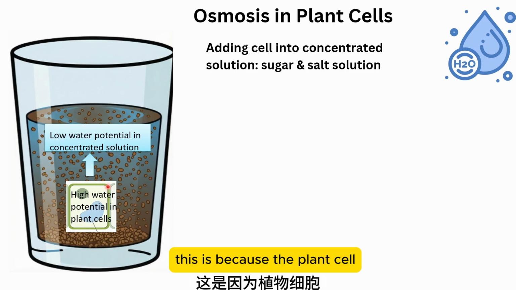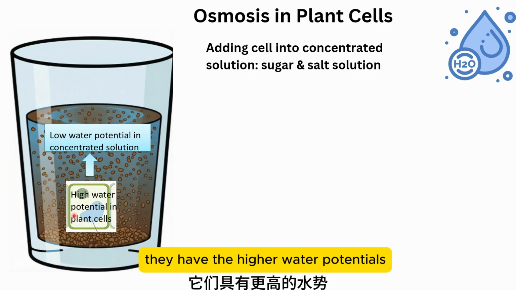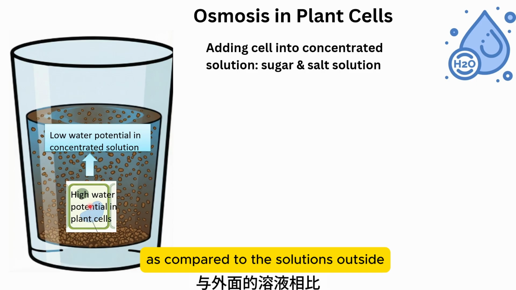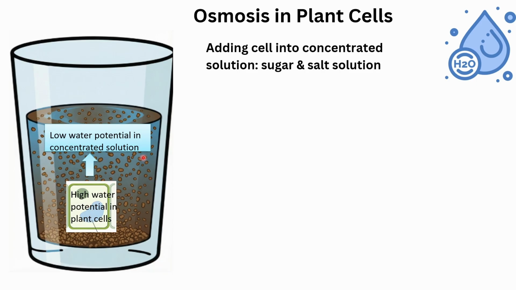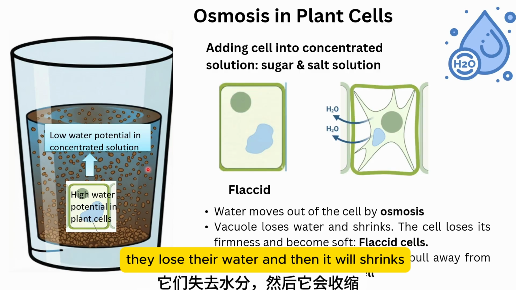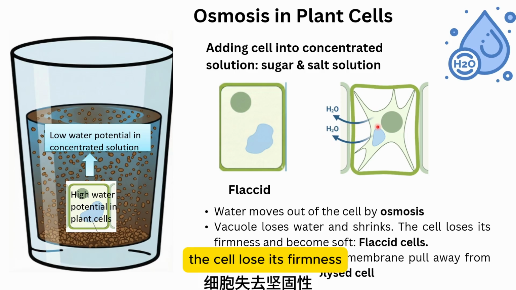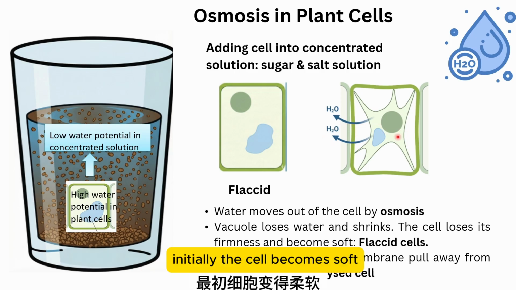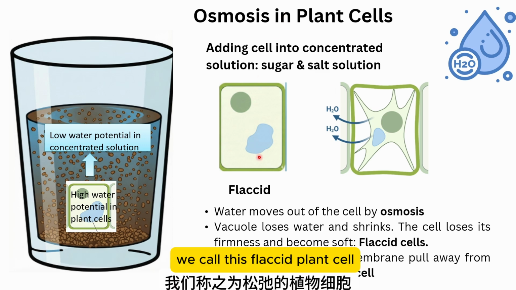This is because the plant cell has a higher water potential compared to the solution outside. So this will cause the vacuole of the plant cell to lose water and shrink. The cell loses its firmness. Initially, the cell becomes soft. We call this a flaccid plant cell.